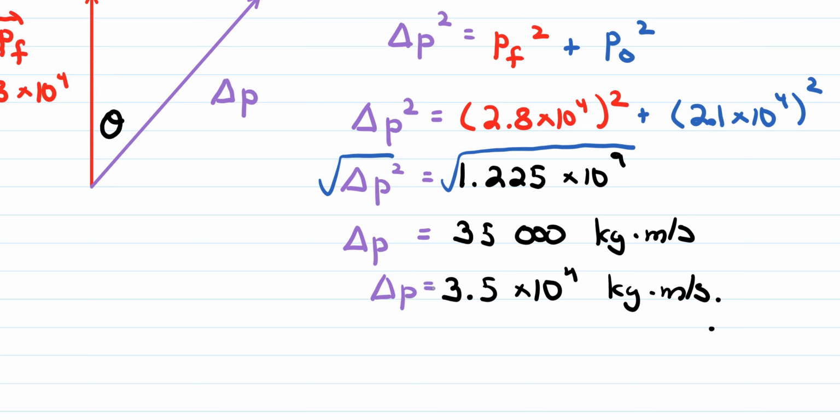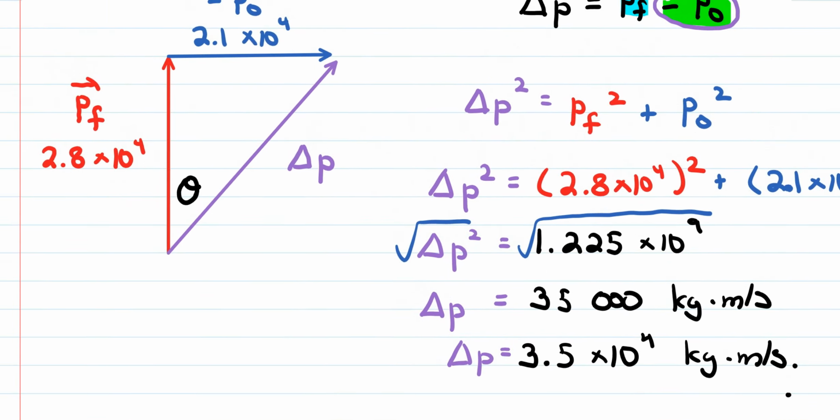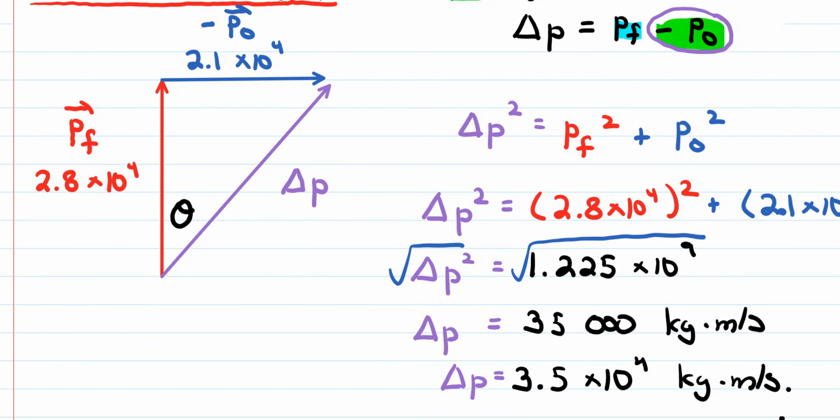And after that, I also need to find the direction there because a change in momentum has both magnitude and direction. So if I go back to my triangle diagram right here, I want to find this particular angle right there. Okay, so if I go straight across here, I have my opposite right here. If I go right next to that angle, then I have my adjacent over here. So I have my opposite and my adjacent, and what that means is I can use a tan ratio.